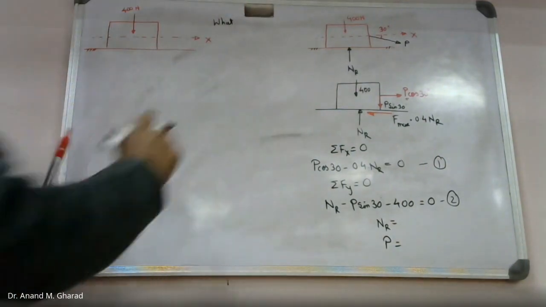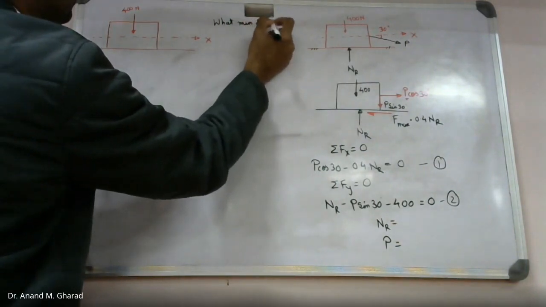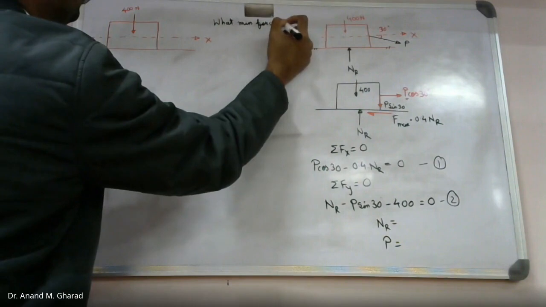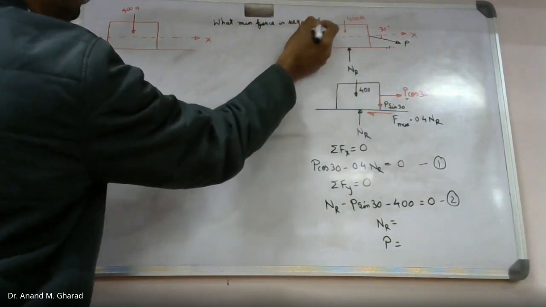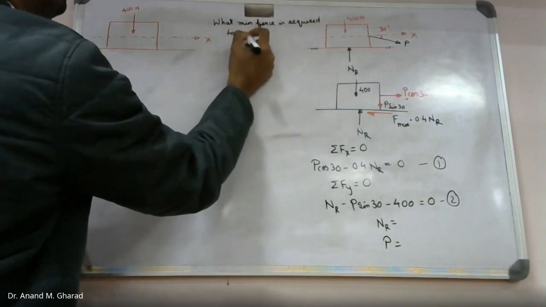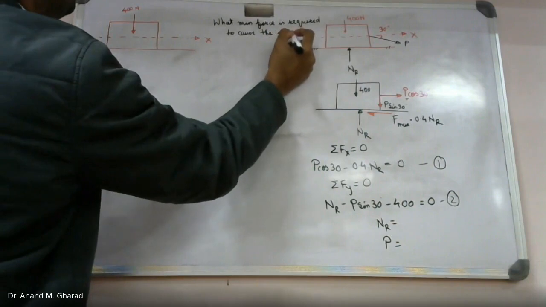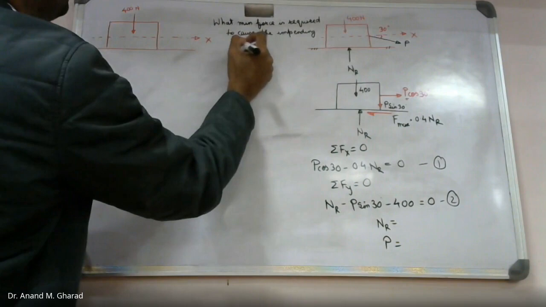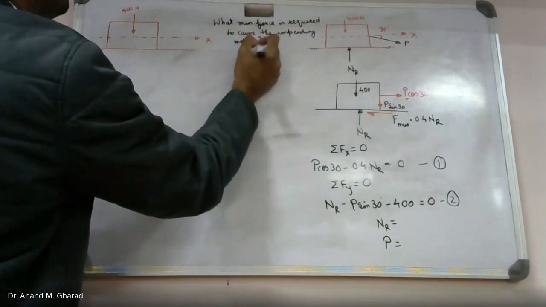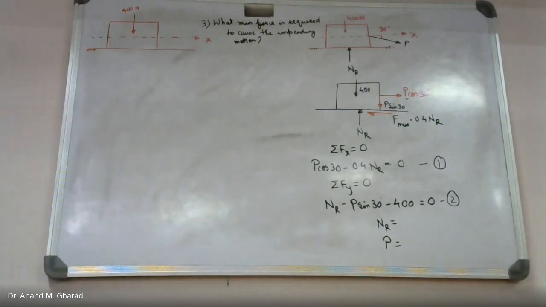Yes, anyone? Yes, what are the values for NR and P? Please let me know. Anyone?